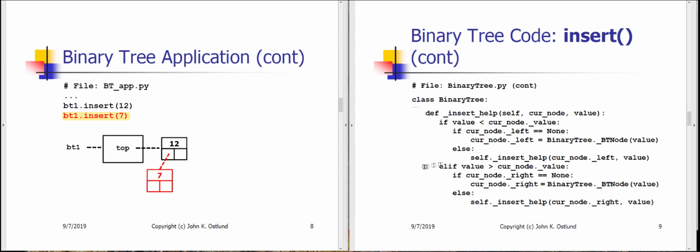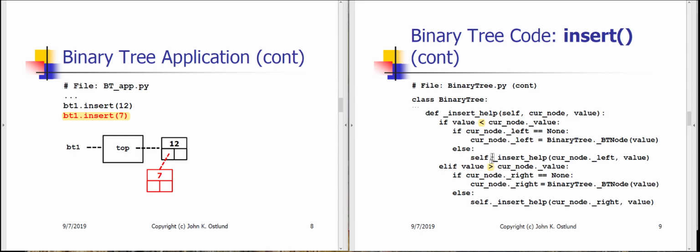Now here we're able to handle both situations, where the value being passed in is less than the current node, or the value being passed in is greater than the current node.